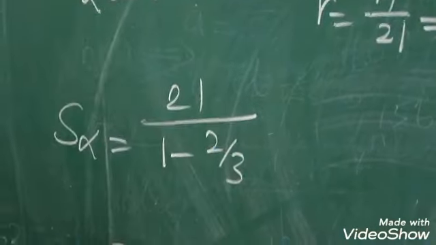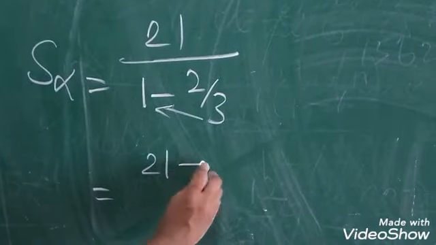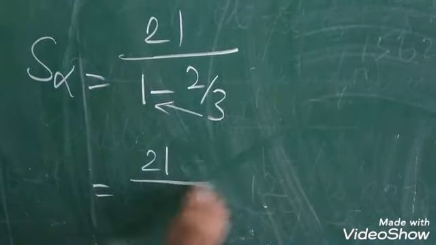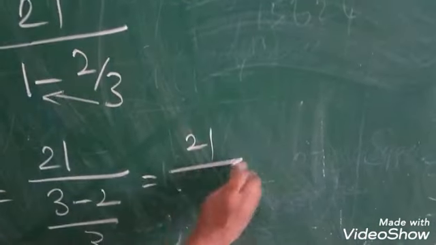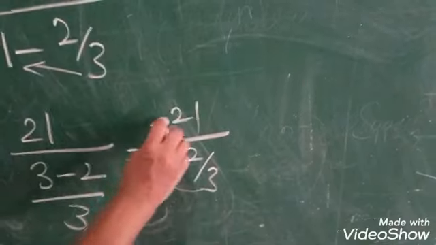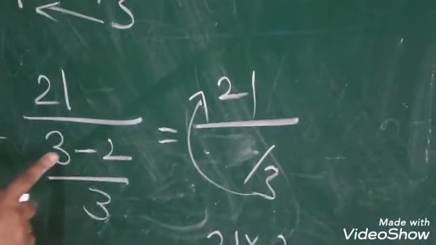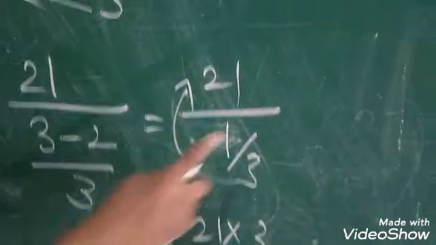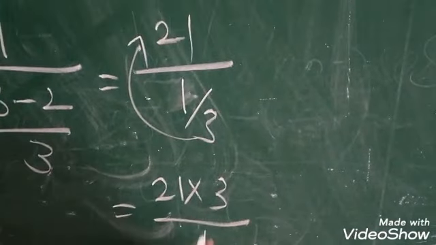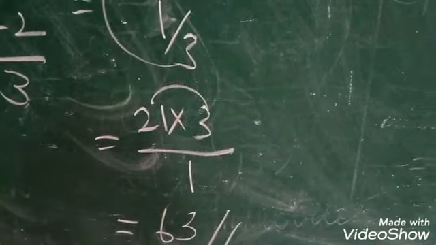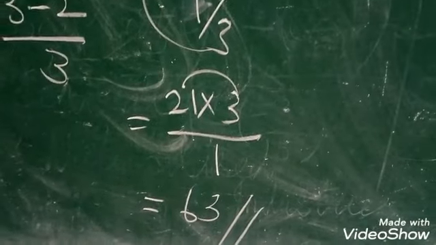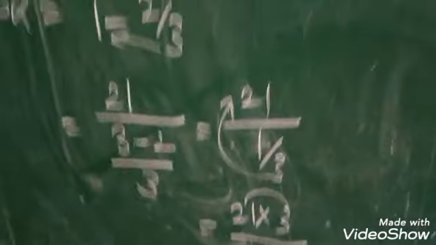Now you have to simplify: 21 divided by 3 minus 2 divided by 3. Okay, 3 minus 2 is 1, so 1 by 3 goes to the numerator, girls, giving 3 by 1. Now you should multiply, yes, 63 is the answer for the second sum. Okay, that is an important 2 mark question, girls.